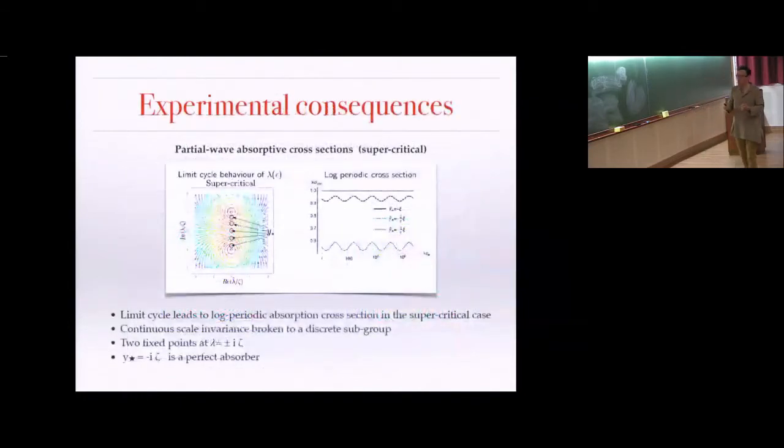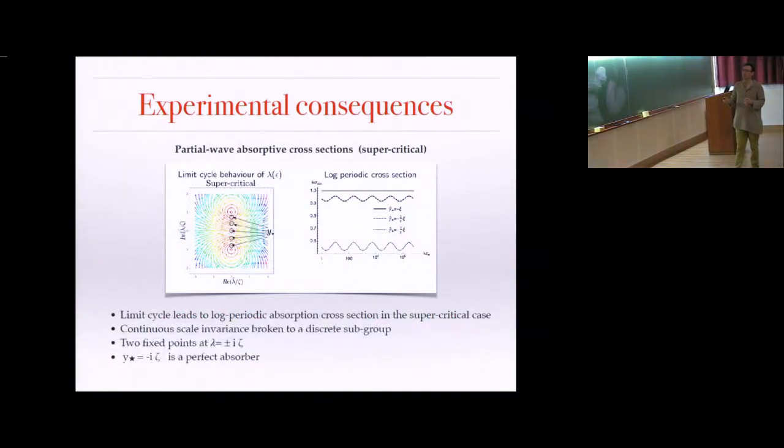So here's a prediction. If you look at the absorption, this is the absorption as a function of the strength of our 1 upon r squared potential, you find that you get a log period. It's not scale invariant. So this would be the classical prediction. It wouldn't depend on anything.